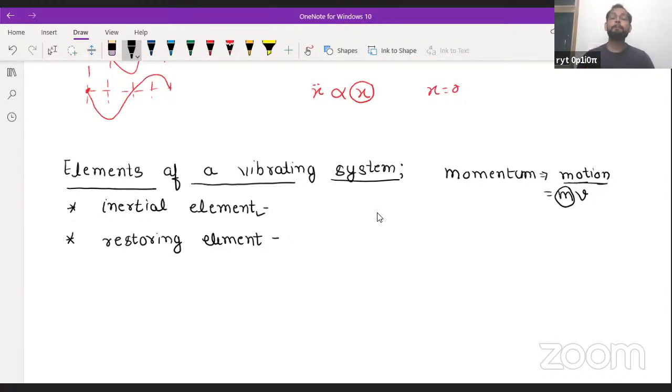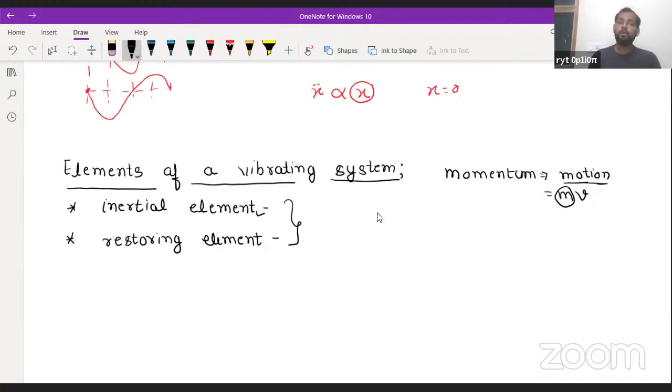When you remove the force, the restoring element will try to bring the system to its mean position. Due to the restoring element, the vibration is performed. So both elements are important, and in the absence of any one of them, the vibration cannot be performed.